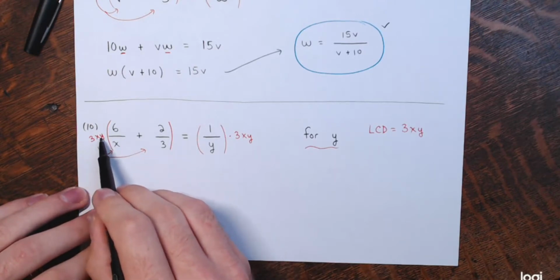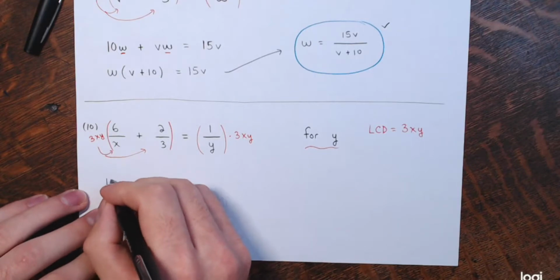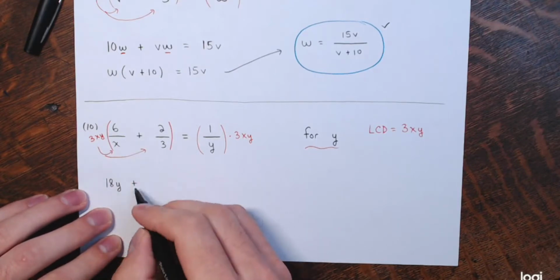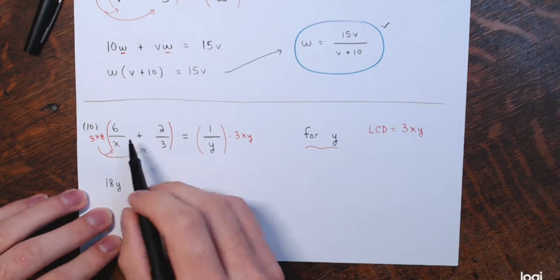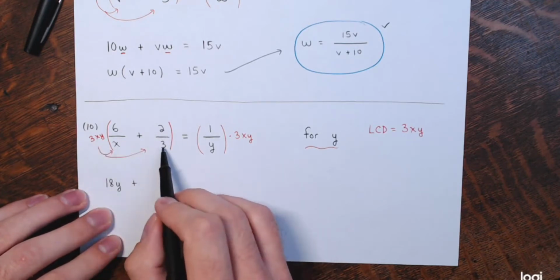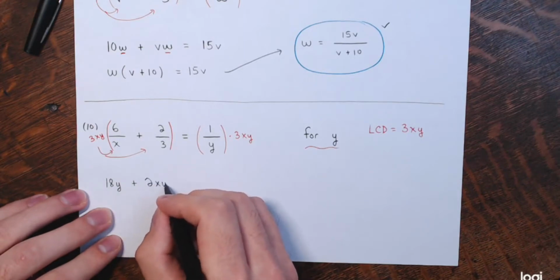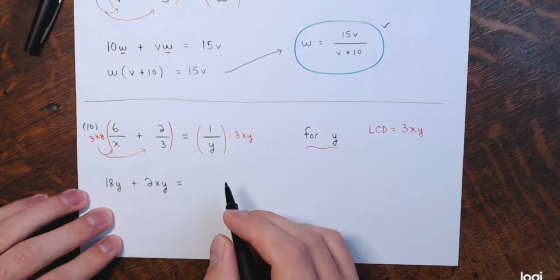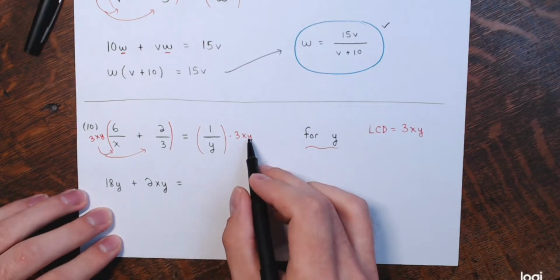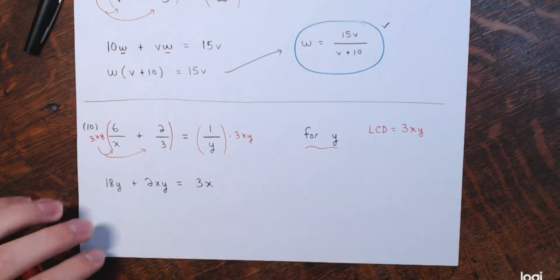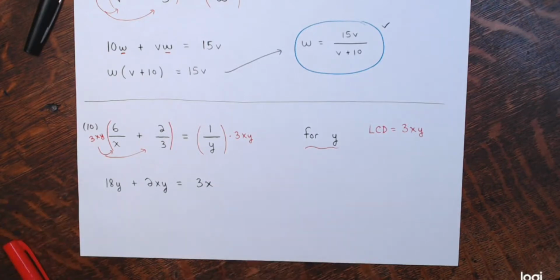I'm left with 3y times 6, that'd be 18y, plus 2/3 times 3xy. The 3's would cancel, and I'm left with 2 times xy. Equals, and then on the right side, the y's cancel, and I'd have 1 times 3x, or just 3x left over. Great. So now all the denominators are cleared.